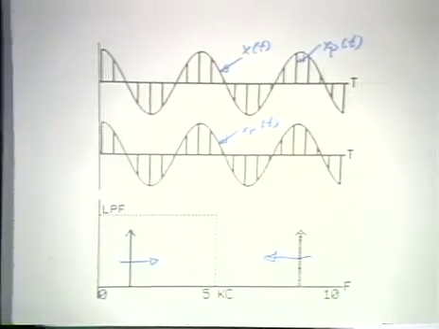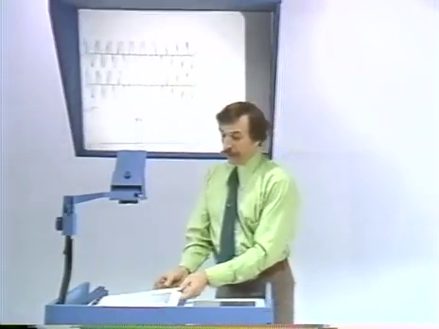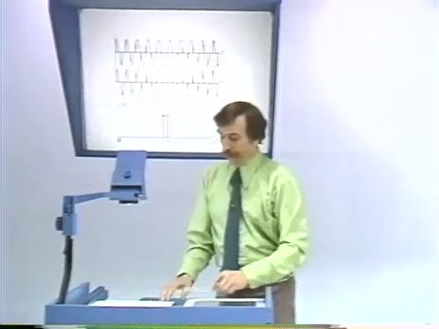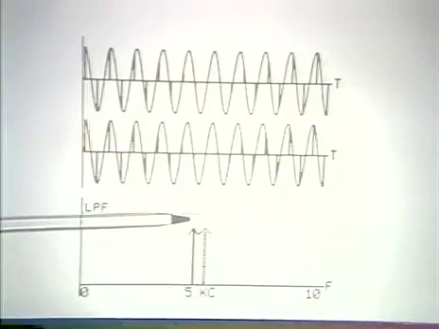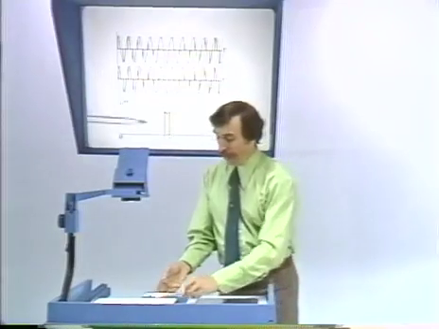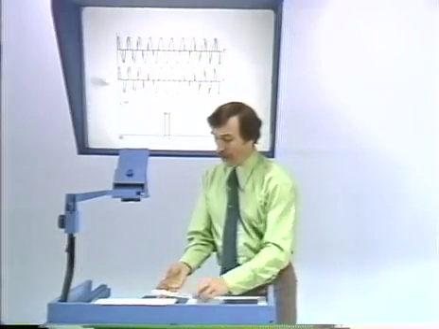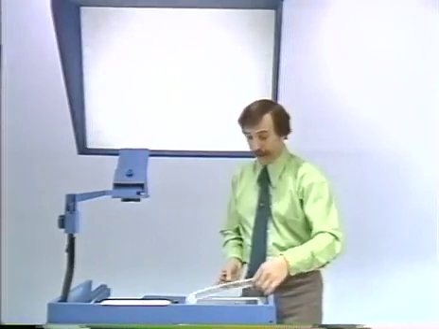Let's look at a few frames as the input frequency increases. Here we have a case where the input frequency has moved up close to 5 kilohertz. As we continue further, these two impulses will cross, and what we'll end up with, as I indicated, is aliasing.